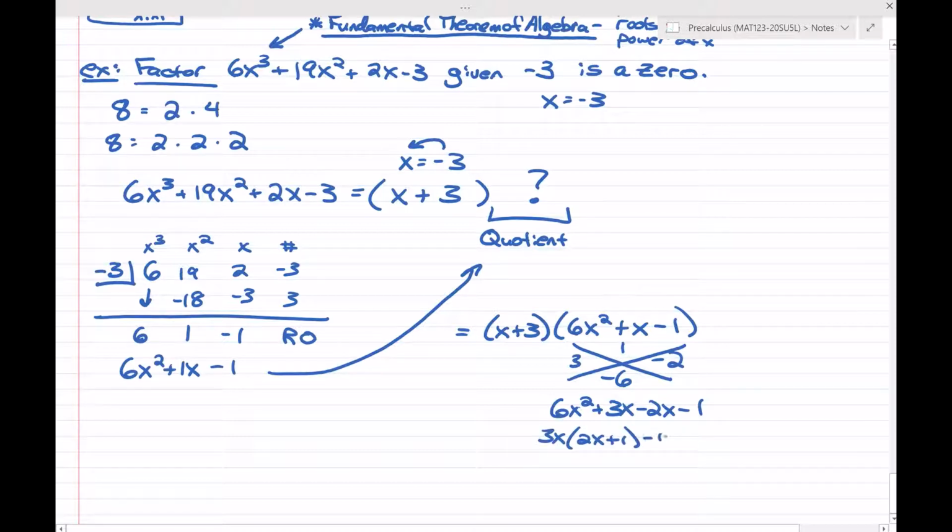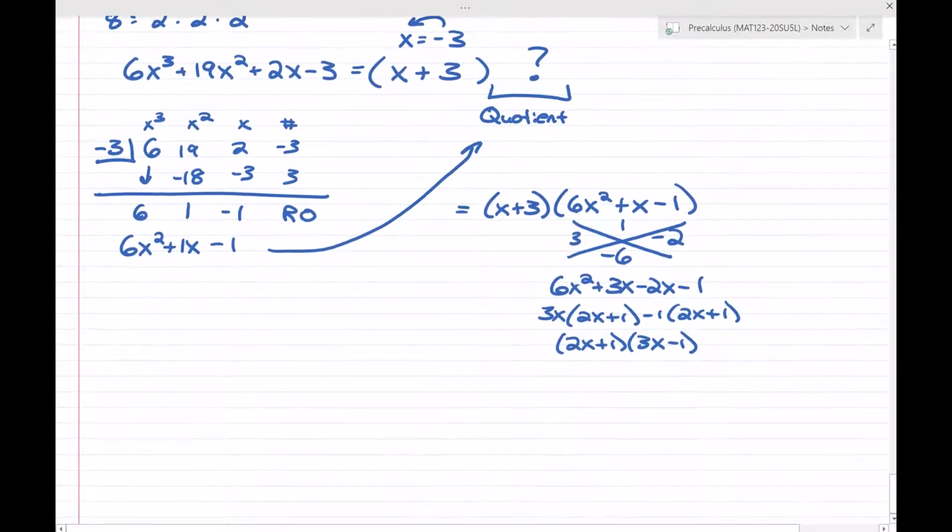We could take out a negative 1. And we'd get 2x plus 1 times 3x minus 1. So as far as what the answer would be, completely factored, we'd have the x plus 3 that we were told times 2x plus 1 times 3x minus 1.